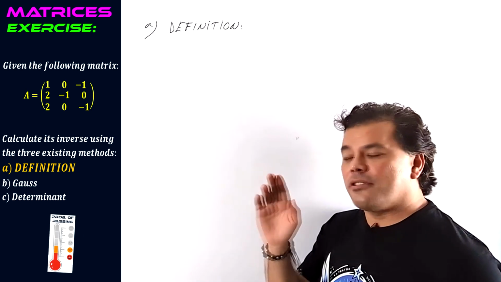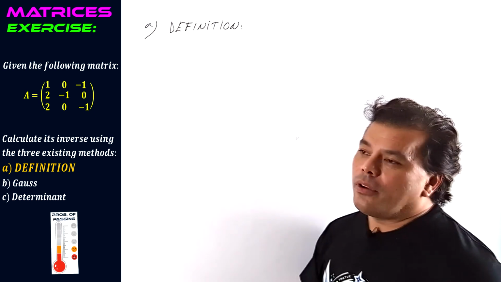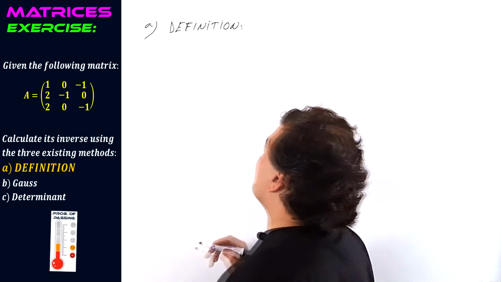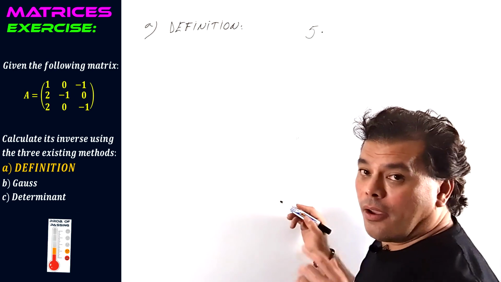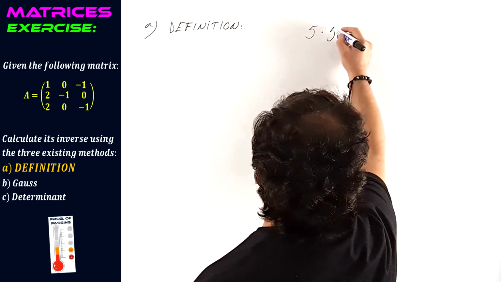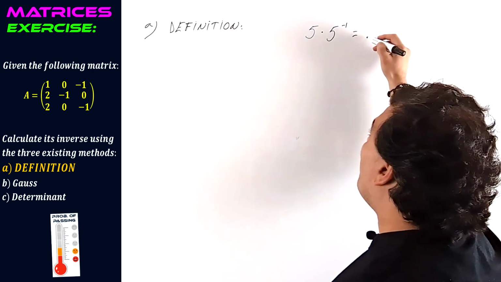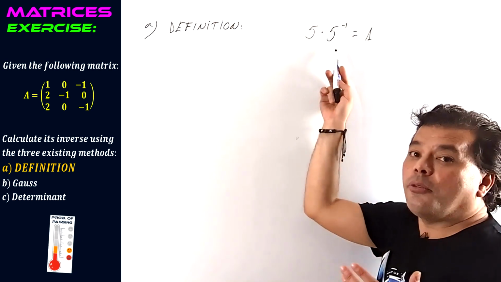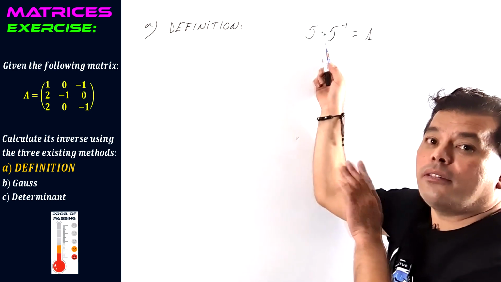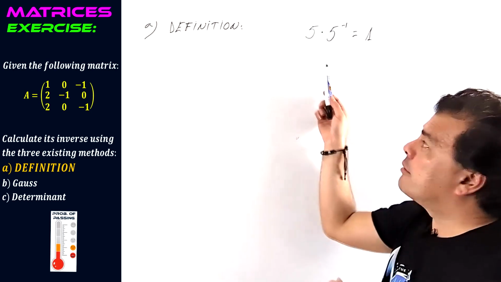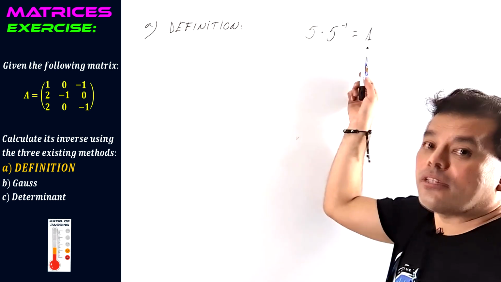How do we calculate the inverse of a matrix using the definition? Well, from when we were very little, they told us that multiplying a number, for example 5, with its inverse must equal 1, because the inverse of 5 is 1 divided by 5, and 5 times 1 divided by 5 equals 1.